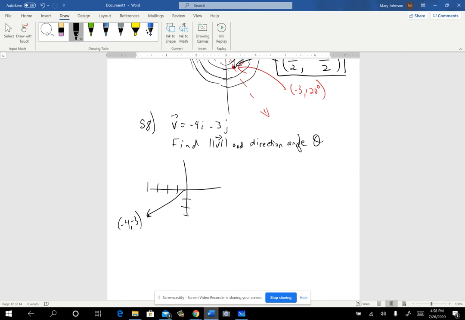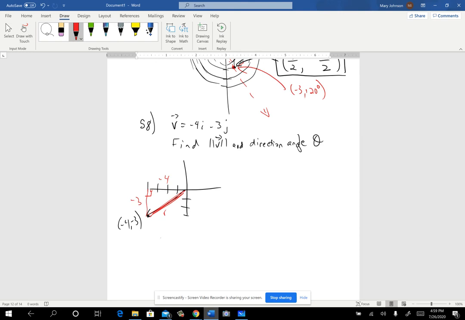If you want to know the magnitude of that vector, you basically just need to think about this being -4, this being -3, and this is the magnitude of the vector, the length of that right there. That's like the r that we had before, isn't it? So I don't think of this as being all that different.